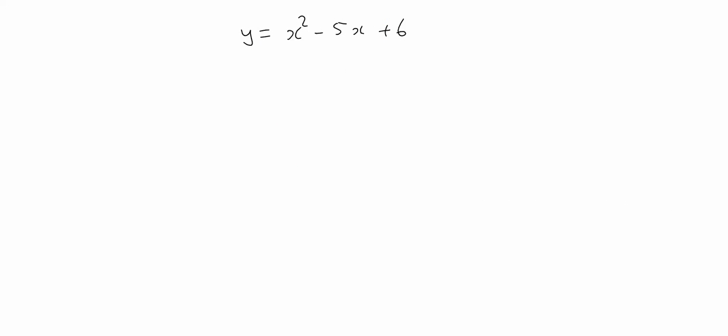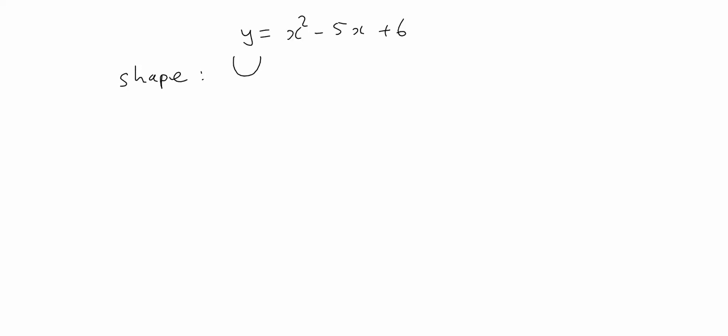So let's consider this quadratic here, y equals x squared minus 5x plus 6. First of all, we note the shape. The coefficient of x squared is 1, so the shape is like that. Then we consider, where does the curve cross the coordinate axes?